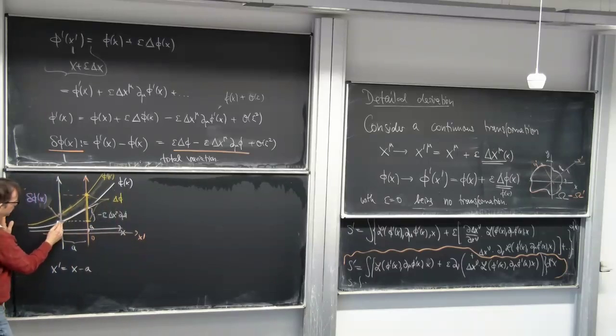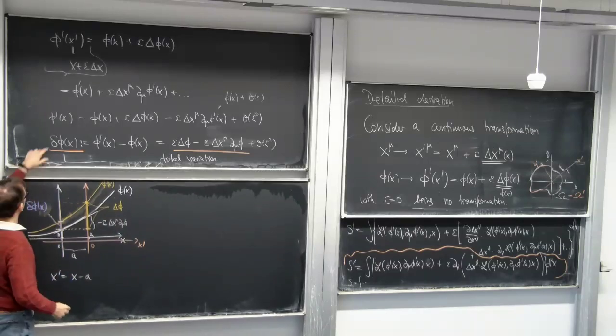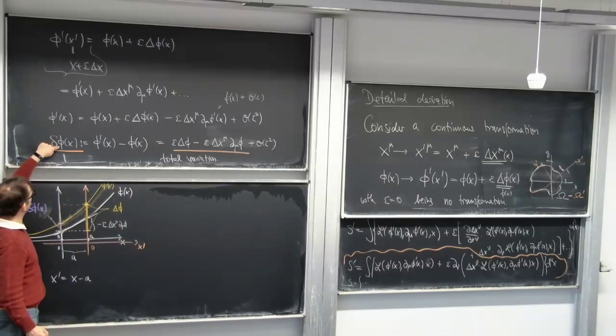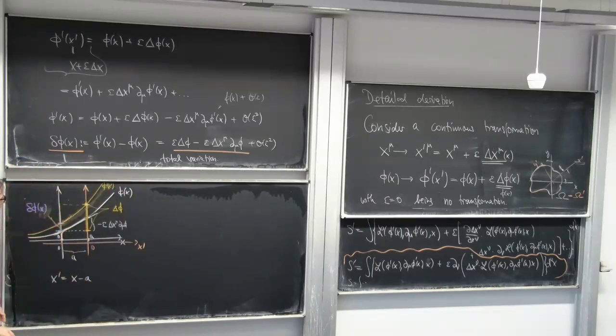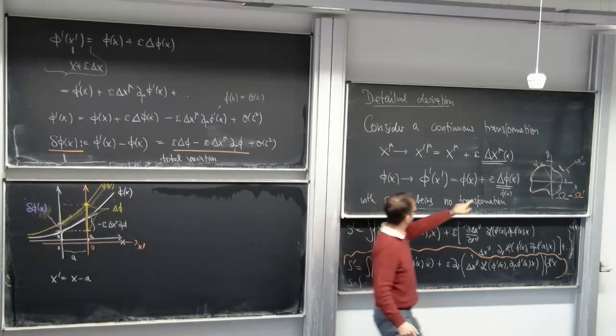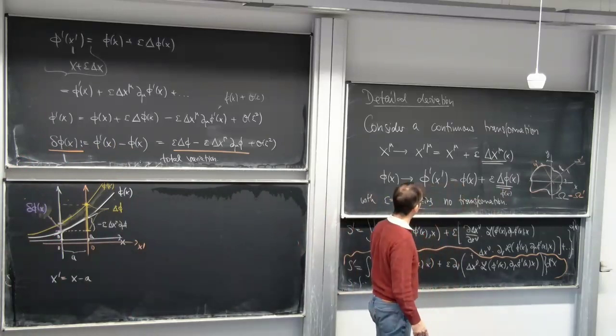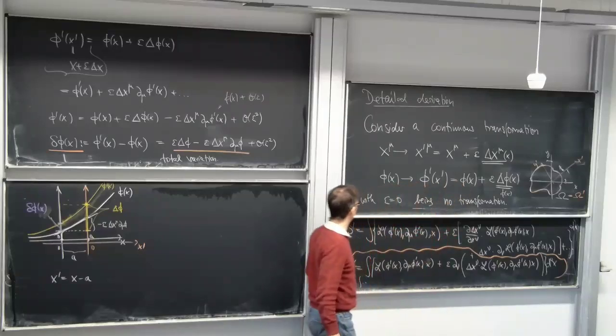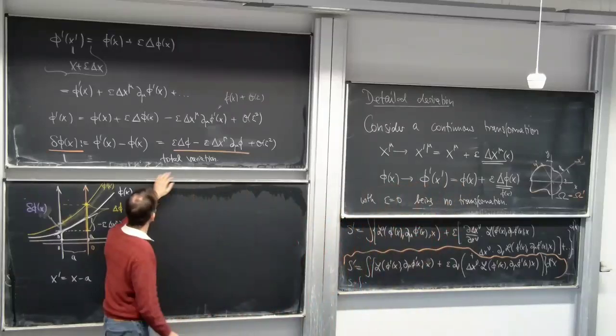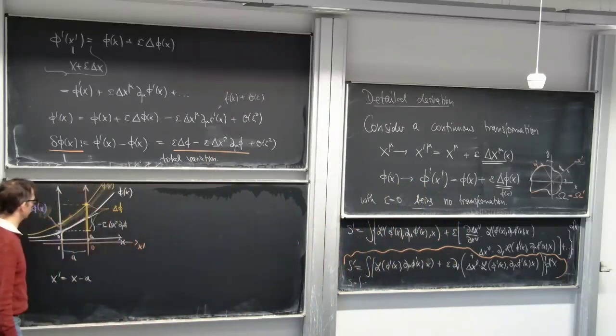And that is the difference between what the field phi was at the location x before and after. So this little delta is the change of the field at any single location. The big delta is the change of the field comparing different points. And then this extra bit does the motion.